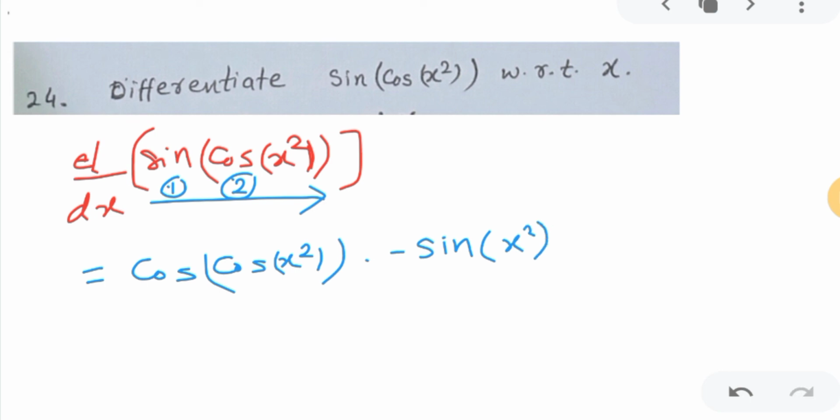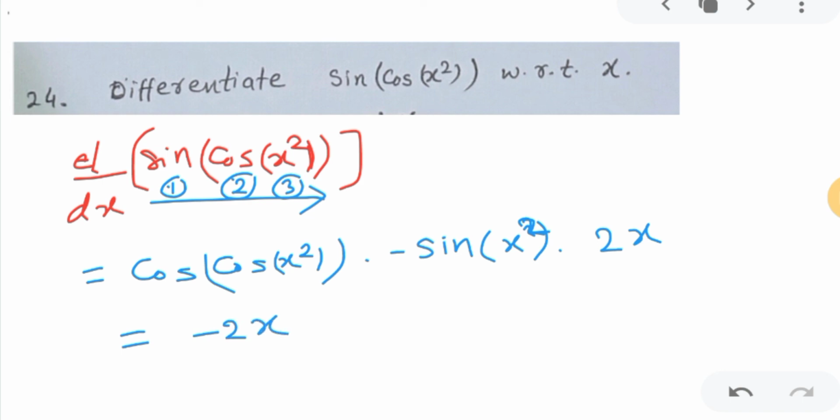Correct? The second is done. The third function is x square, and the derivative of x square is 2x. So now you just arrange this. First I will write the simplest function, 2x, so I will write minus 2x.